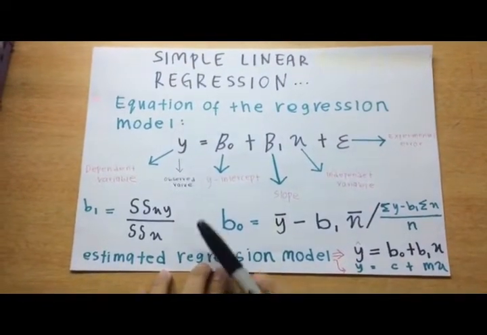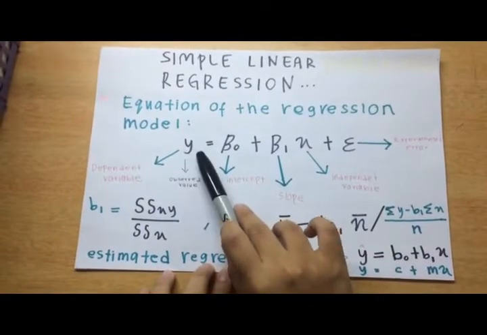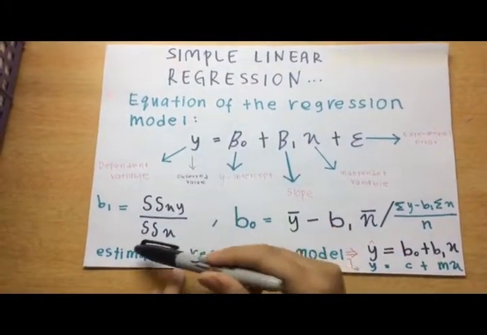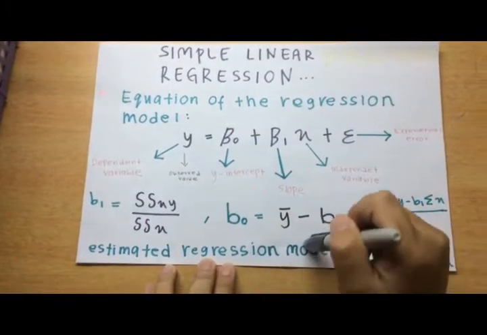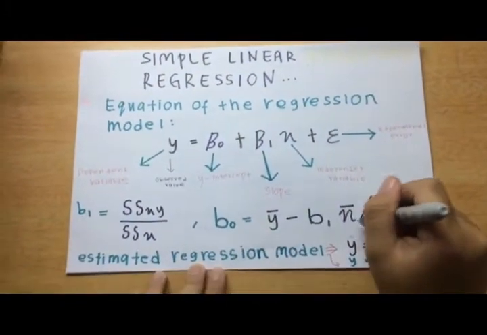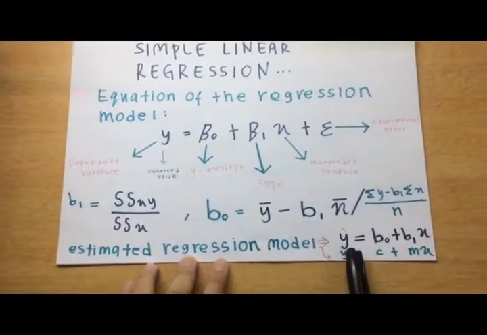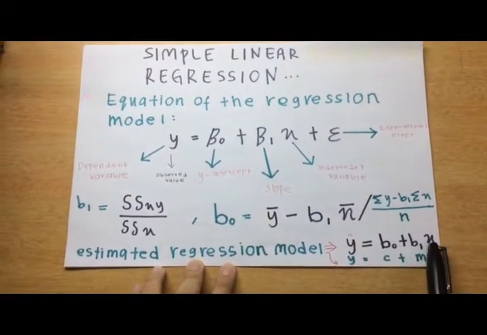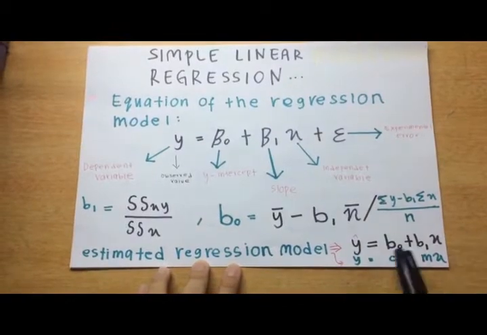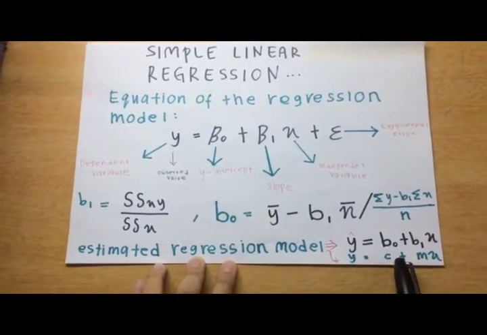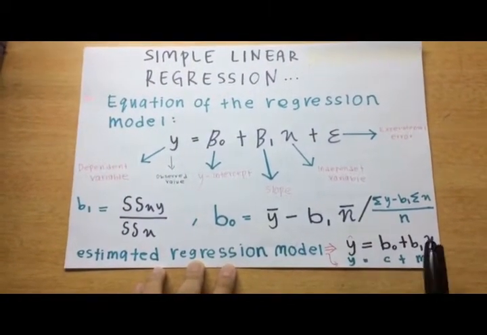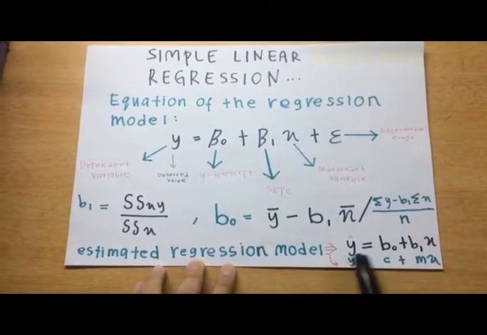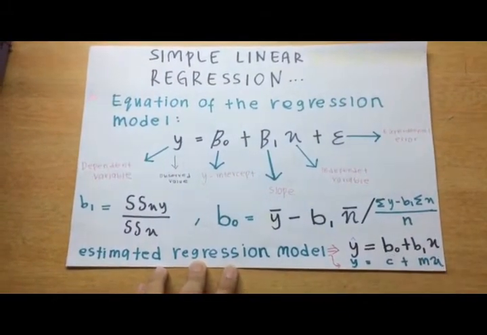This formula is for y, the observed value. For the estimated regression model, we use a different formula: y equals b naught plus b1x, which is similar to the equation y equals mx plus c.